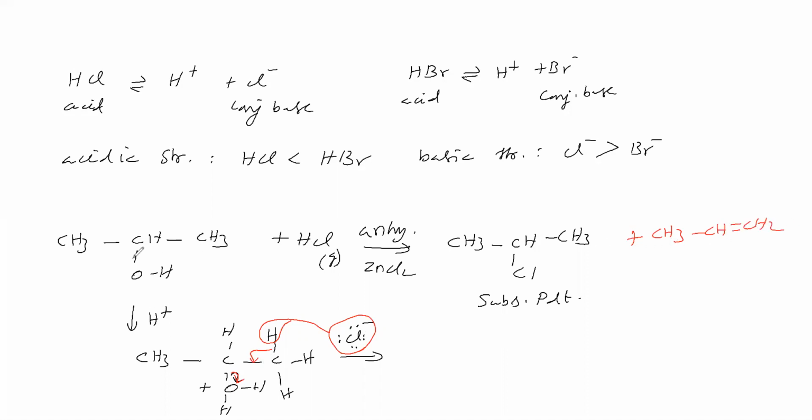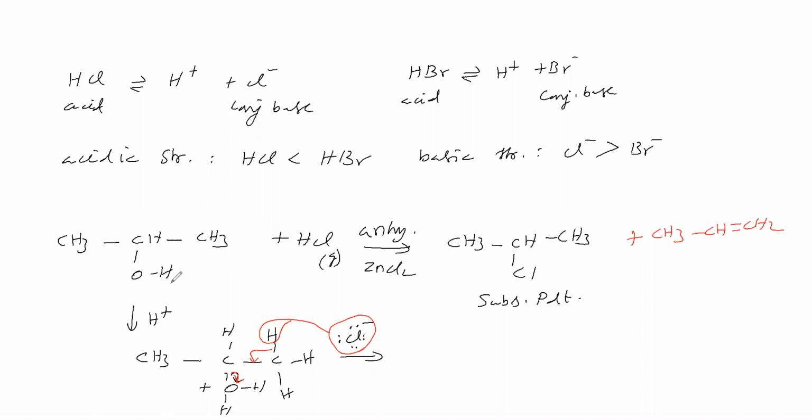So here you see, this is the reactant. In this reactant, left side CH3 is there. In this product also, left side CH3 is there. At center, CH is present in the reactant, and in the product center also, CH is present. Here OH is present at the second carbon; here OH is not present. This is a single bond, but here a double bond. This is CH3, but here CH2.